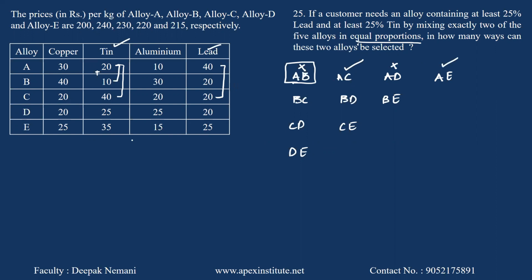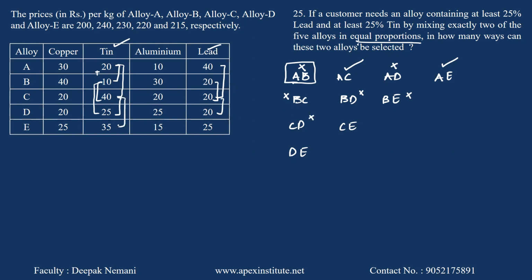Yes. Now, if I mix BC, so you have 50 here, you have 40 here. So, this is not possible. Now, you have BD, 10 plus 25, 35, not possible. Then B, 10 plus 35, 45, not possible. Then CD, 40 plus 25, 65 possible, 20 plus 20, 40, not possible.